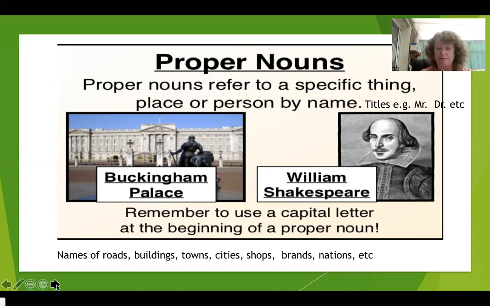So proper nouns are names of people, places, buildings, names of anything, like even the name of your shoes. If you've got a specific branded name for your shoes, that is a proper noun. So those are proper nouns.